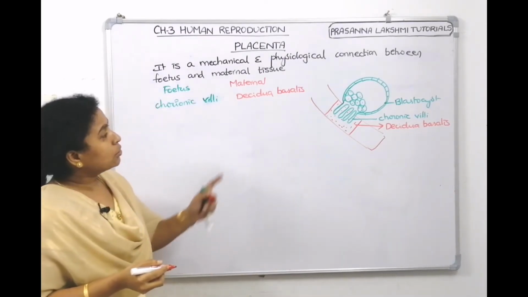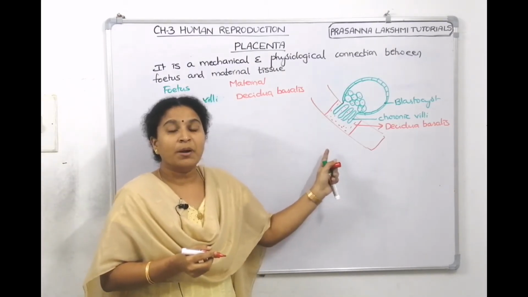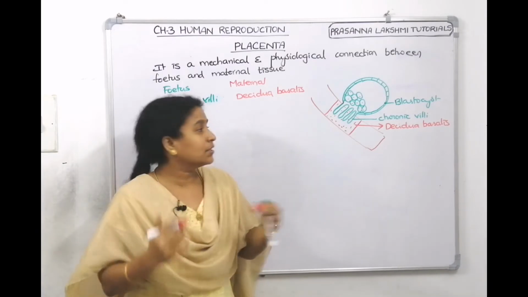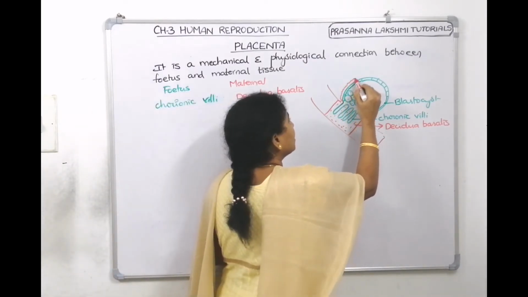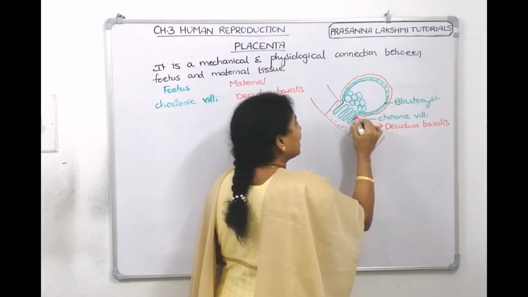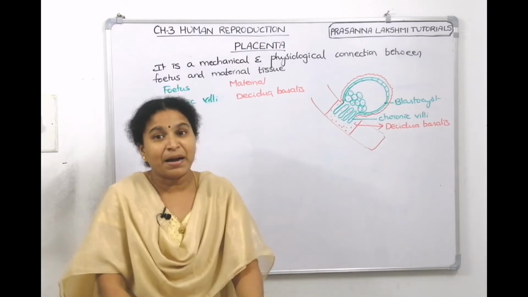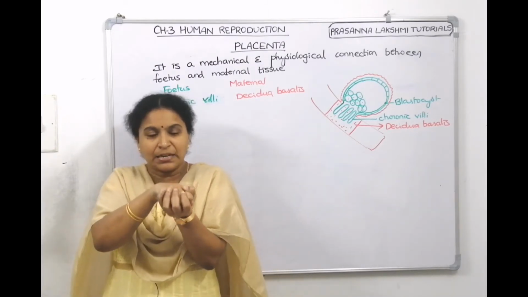Then the portion of the endometrium which entirely covers the blastocyst, we said it is interstitial implantation where the blastocyst will be completely buried inside the endometrium.